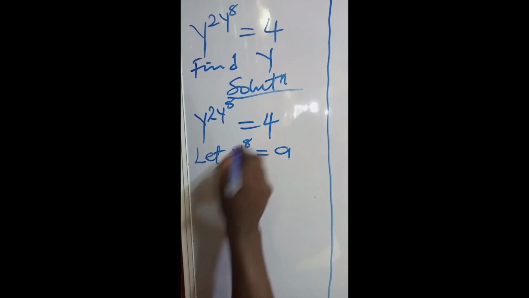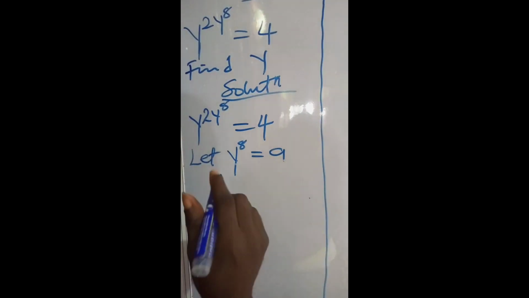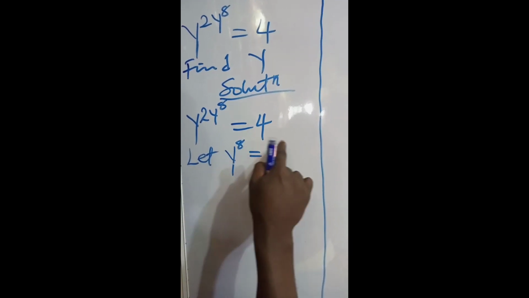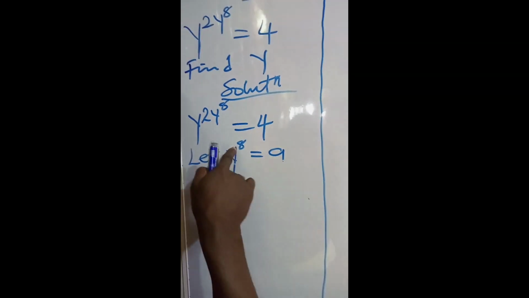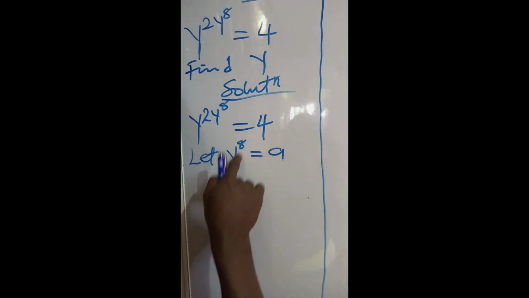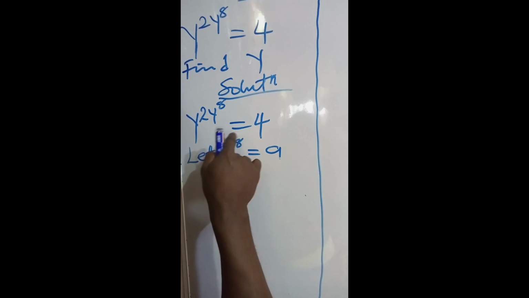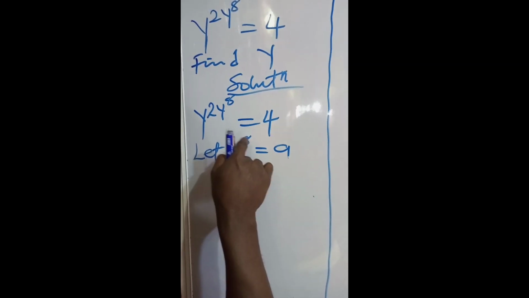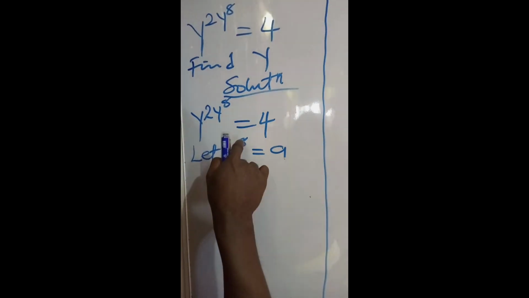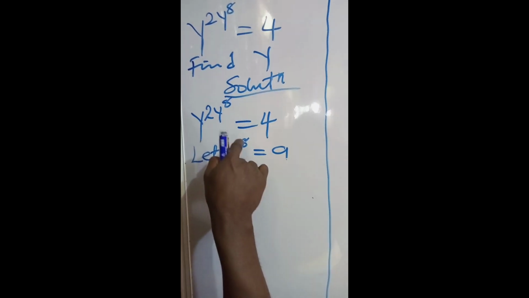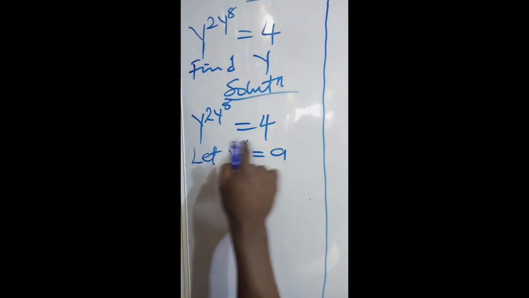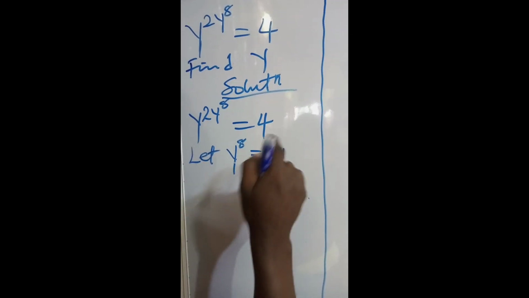To remove the power, we multiply each of the powers, the power here and the power here, by the inverse of the number we want to remove. What is the number on the y? It is 8. So the inverse of it will be 1 over 8. We are going to multiply both powers with 1 over 8.